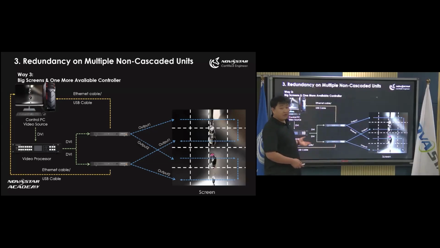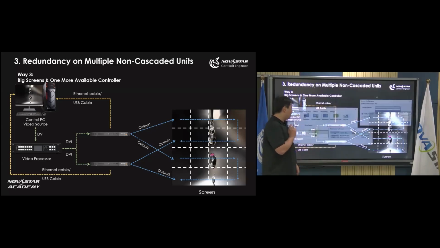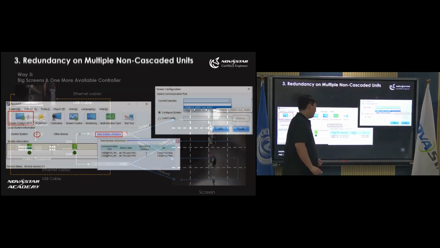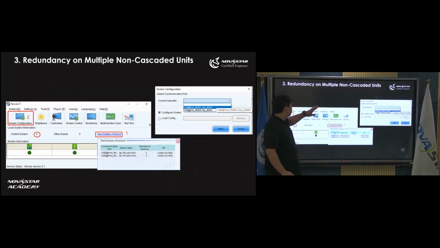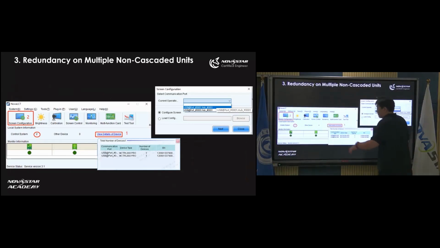Look, now we have to use the video splitter to provide 2 video signals, and all the structure is the same. And let's say what's the difference here? So now launch NovaLCT, click the screen configuration, and you will find the details of devices.